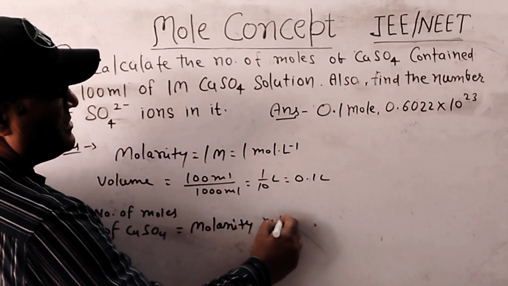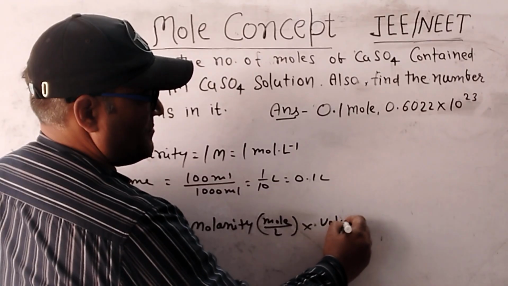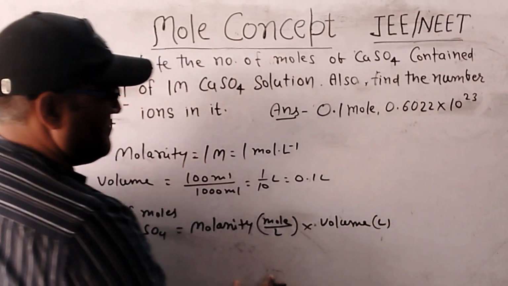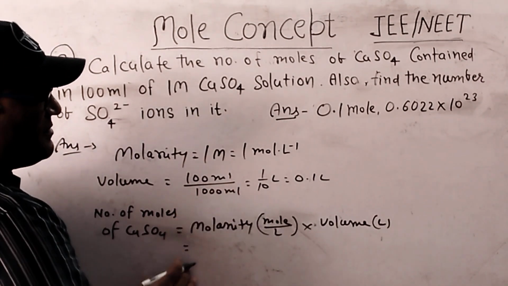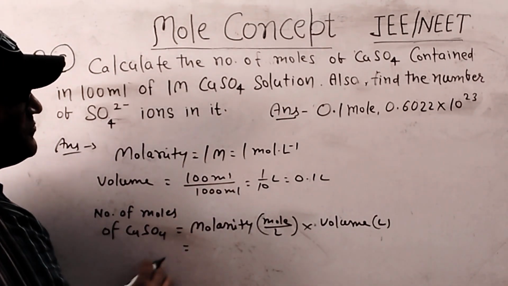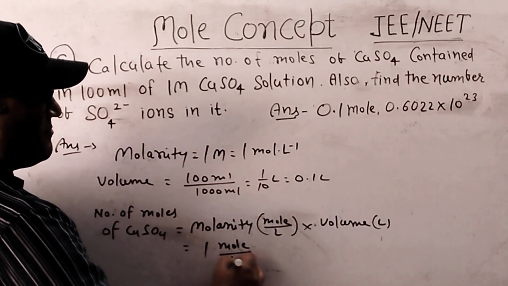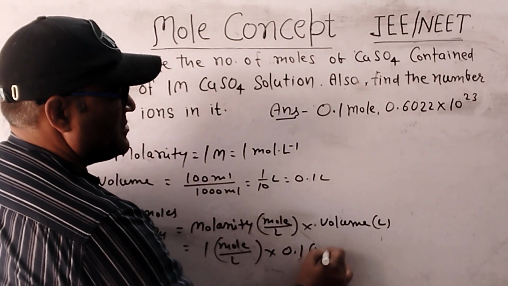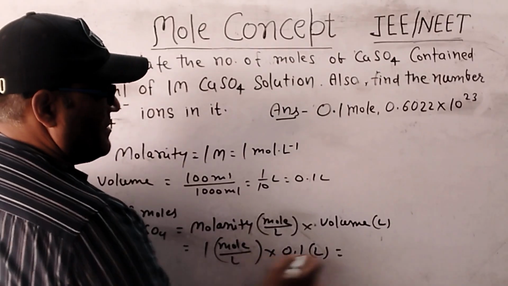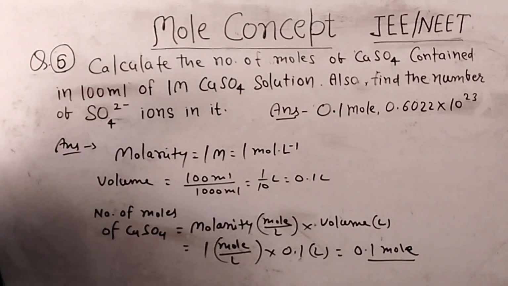Molarity, mole per liter, multiplied by volume in liters. Putting in the data, molarity is 1 mole per liter, multiplied by volume 0.1 liter. After multiplication, 0.1 mole is the number of moles of CuSO4. So 0.1 mole is the correct answer. You can take a screenshot.